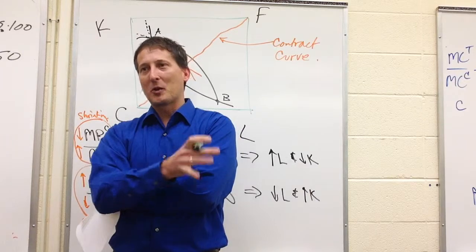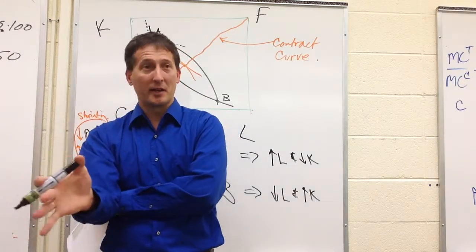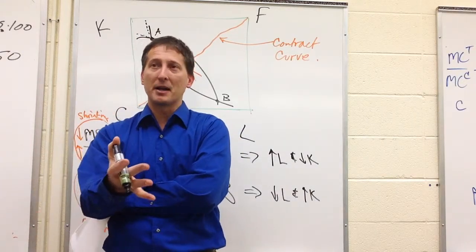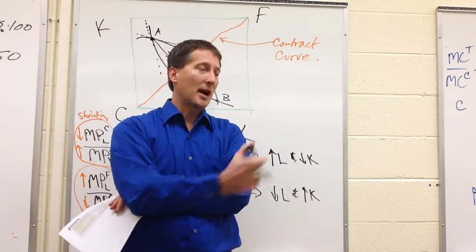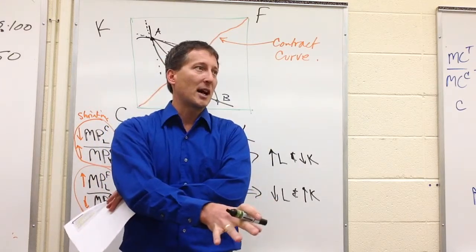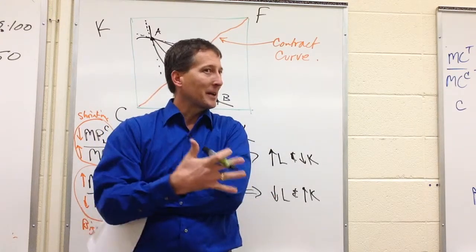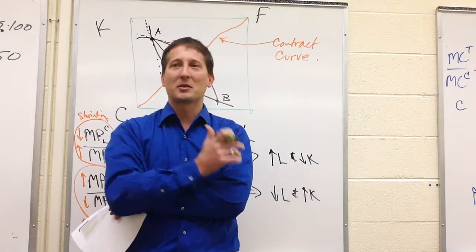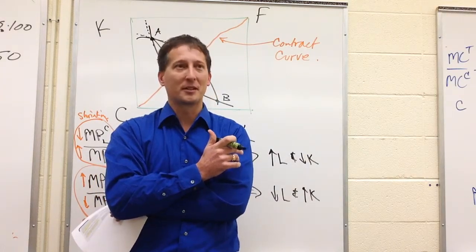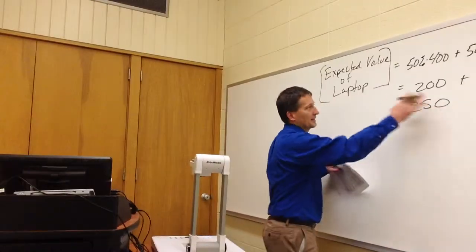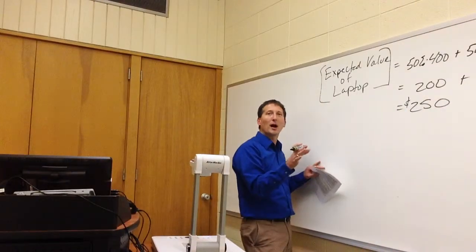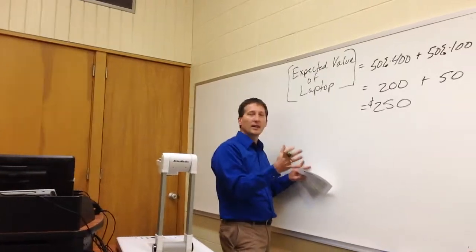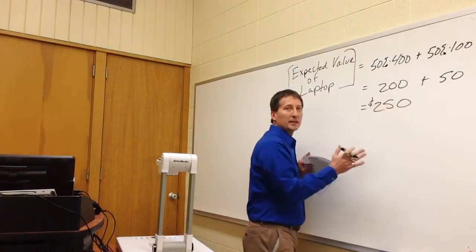If we knew it was a low quality, we'd pay 100. We still get value from the low quality, bear in mind. And so if it's a crapshoot and I believe it's a 50-50 shot, but I don't know what I'm going to get, what's the most I'm willing to pay? 250. All right, so I want you to have a little bit of faith, especially when you're doing a problem, but that's how we're thinking about what we're willing to pay.